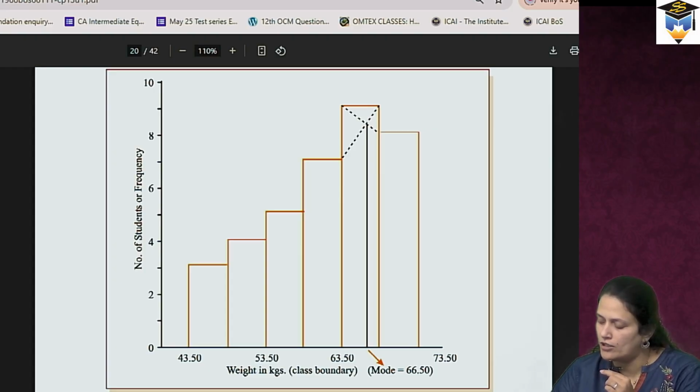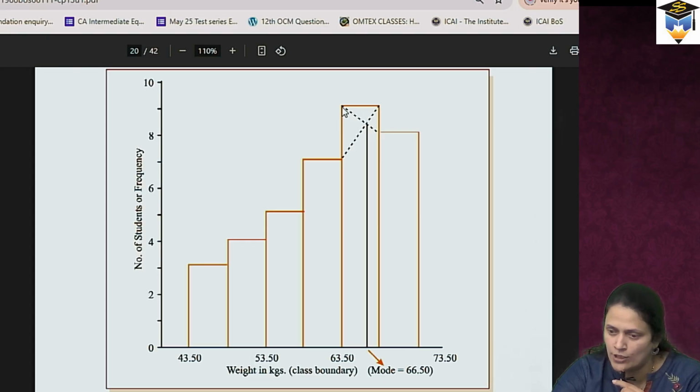Second, draw a line from the left corner of the tallest bar to the left corner of the bar immediately after it.